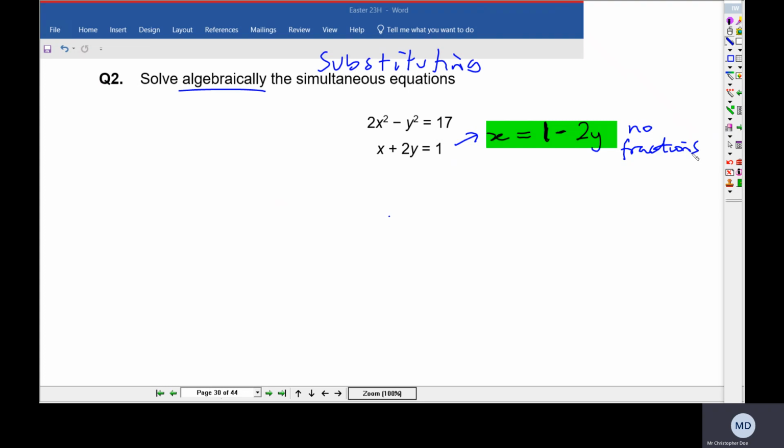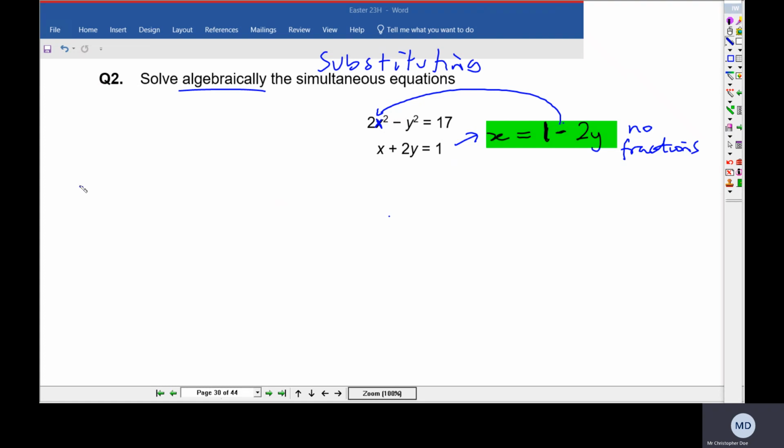If you haven't had a chance to do that, you can just copy down mine, that's absolutely fine. This is not an easy question, this is harder than the one I did 10 minutes ago, while some of you weren't here. That is going to go instead of x. So instead of writing 2x squared, we're going to use that instead of x. I'll tell you why in a minute.